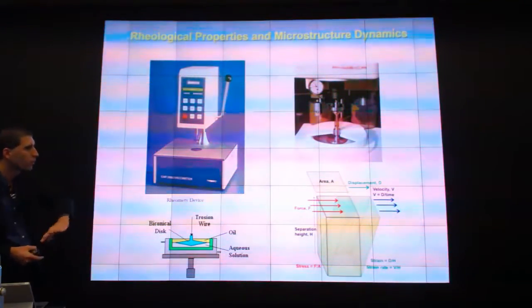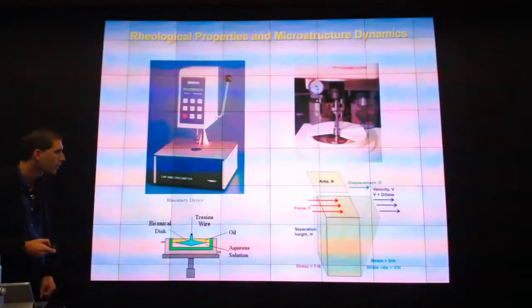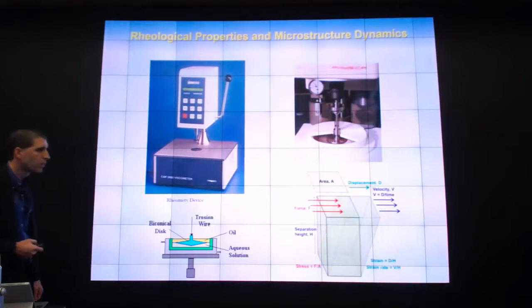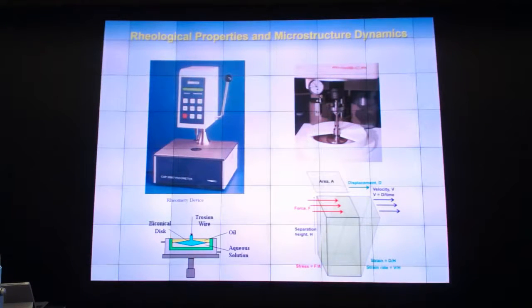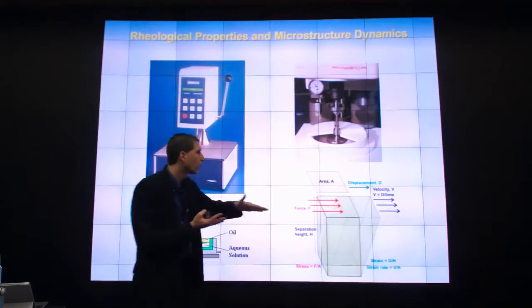You might have a mode where you impose a constant velocity and look at the feedback. But at any rate, what you're measuring effectively is the shear stress in the material. You can also measure the normal stress as well by looking at the other component in your device. So you're measuring the stress response of the material to an applied shear.